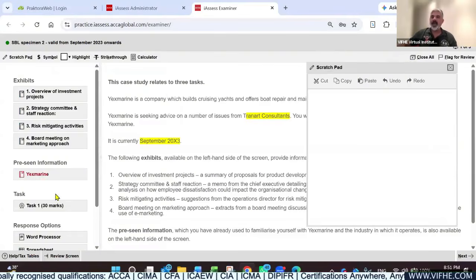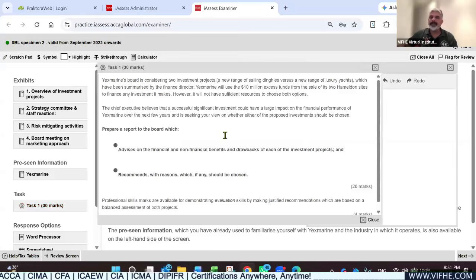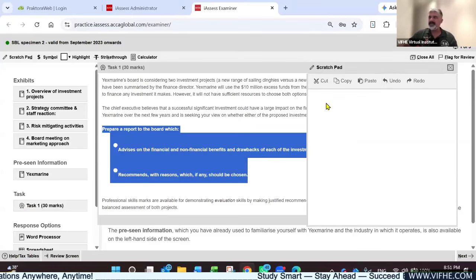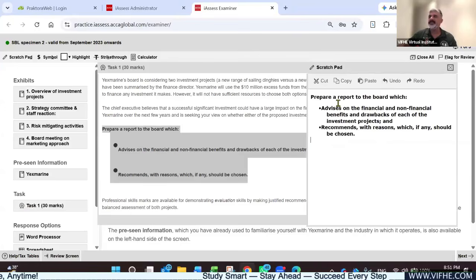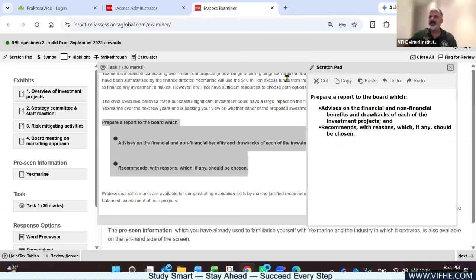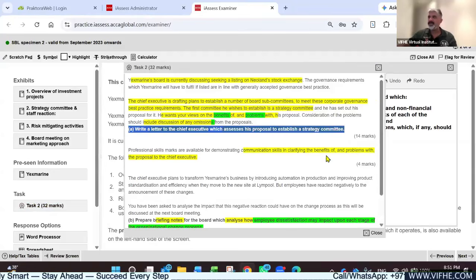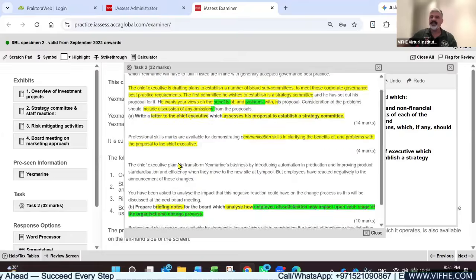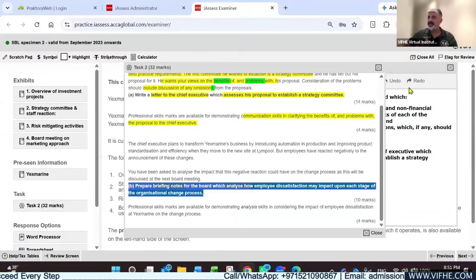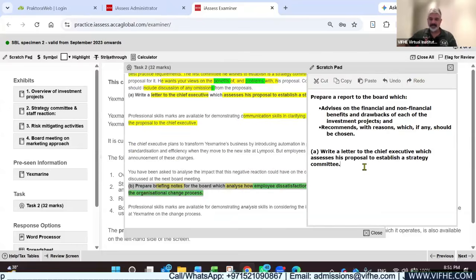Okay. Now open the task and only copy the bold portion. Do you see the bold portion? Control C and Control V. Is that clear? Then I will close this task. I will go to next task. I will select the bold portion, this one, and then task 2B, Control C, scratch pad, this one.